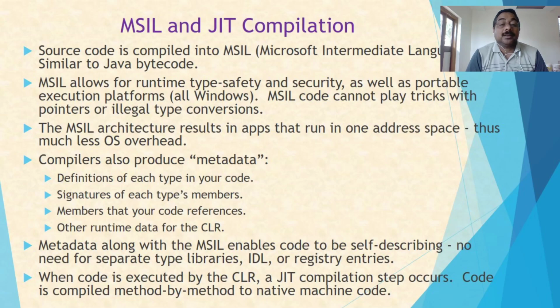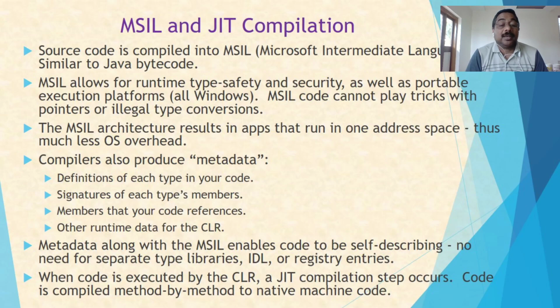The compiler also produces metadata. What is this metadata? Metadata is a definition of each type in your code. It is a signature of each type of member that your code references, and other runtime data for the common language runtime.